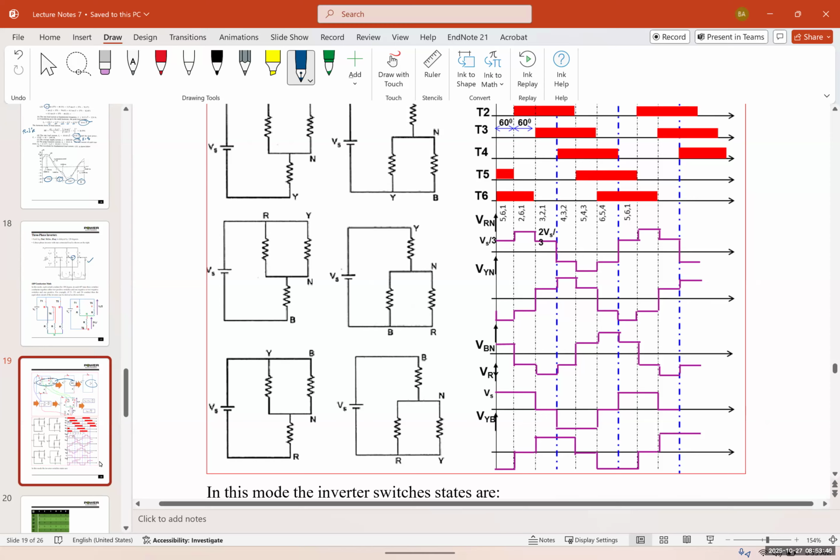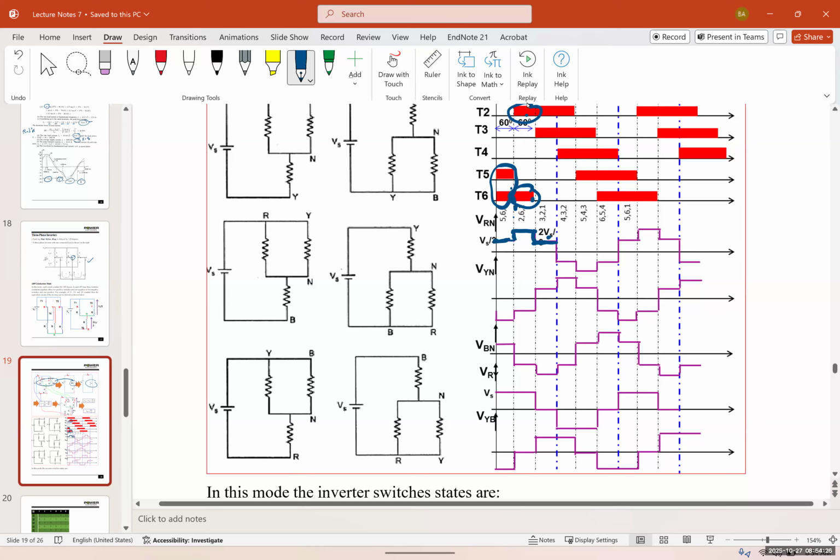T5 is turned on, and then we have T6. When both of them are turned on, you're going to have a step type of voltage. Then T5 is turned off, T6 is turned off, and then T2 is on as well. So you're going to have this last one. These correlate, and when they correlate, they create the extra 2/3 of the voltage from the original one.